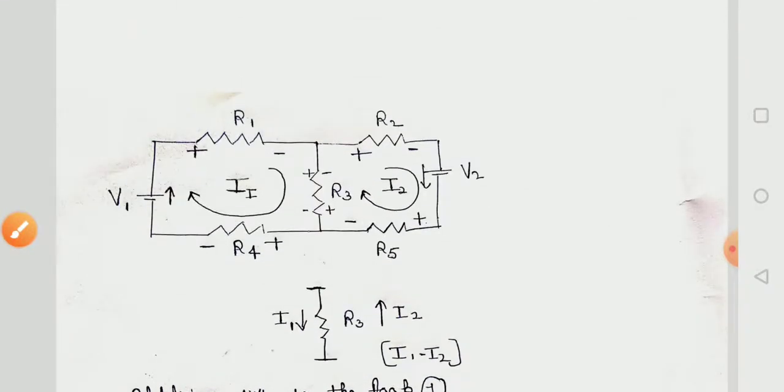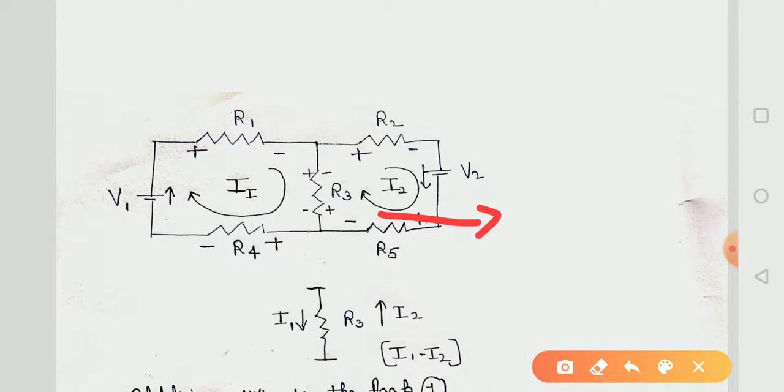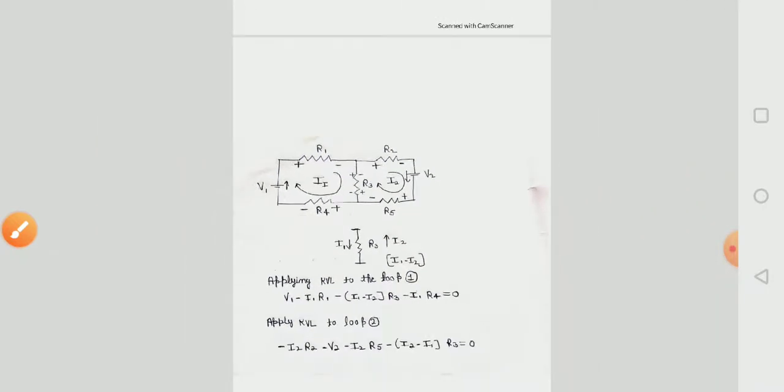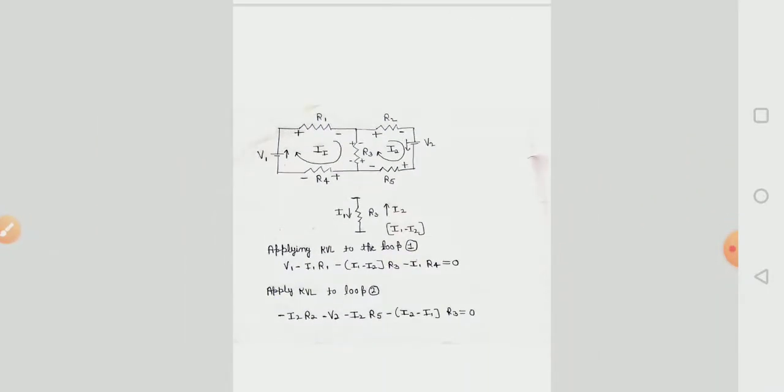Here for the second loop the current is I2 minus I1 for R3. So these are the equations for this circuit, and by solving these equations we can find the unknown currents for this circuit.